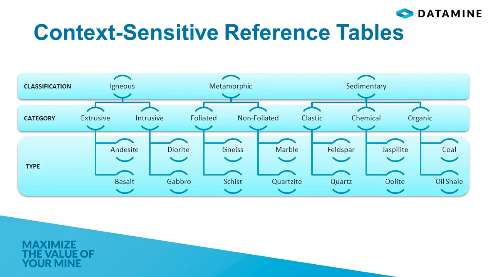So what I've got shown on the screen is a really basic example, maybe something that resonates with us, as far as the rock type classifications and categories, and ultimately the rock types.